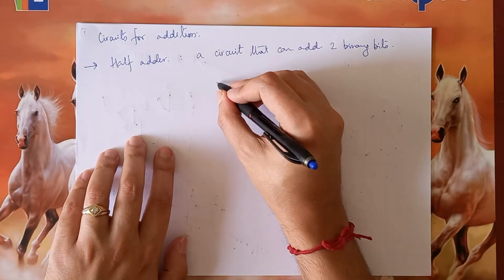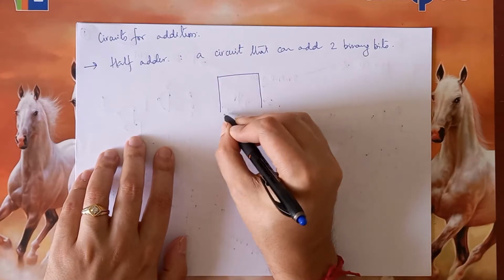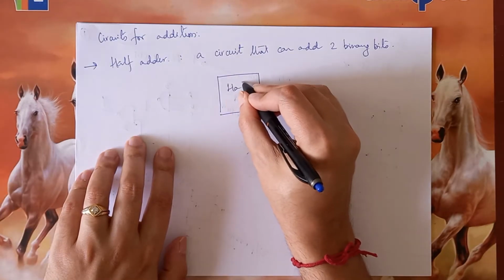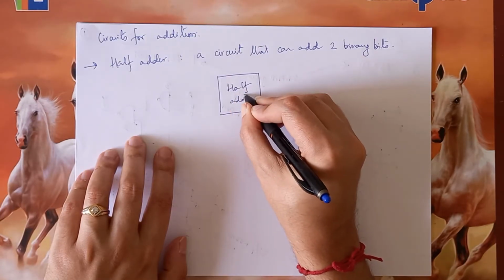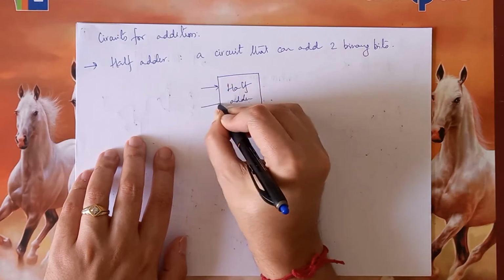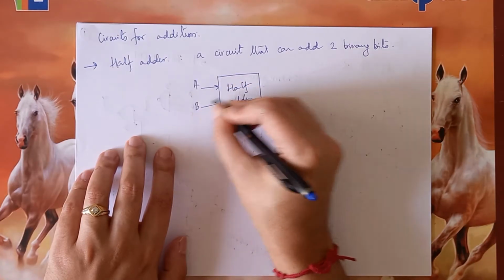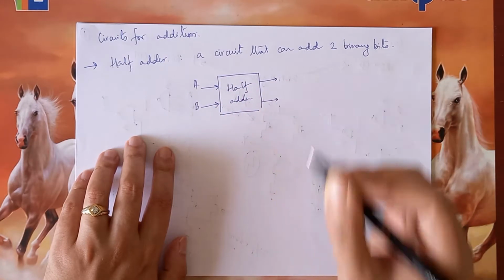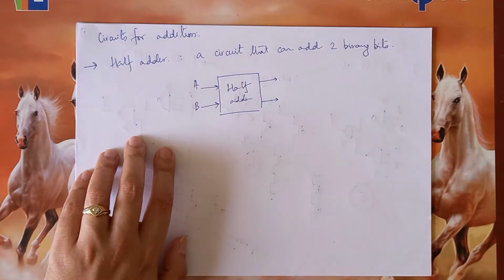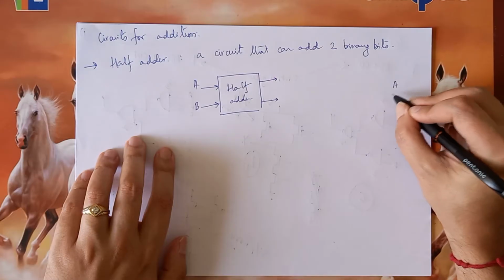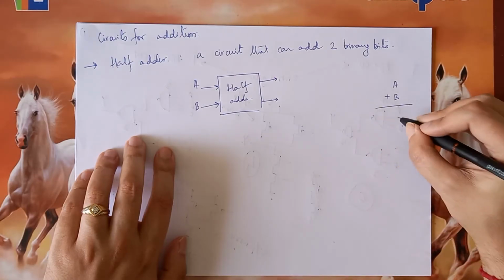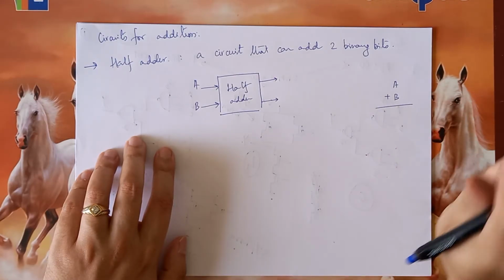So let us say I have this half adder as a block. There are 2 input bits A and B, and the outputs are also 2. Why are the outputs 2? Because whenever I add 2 bits, A and B, I can get 2 outputs.